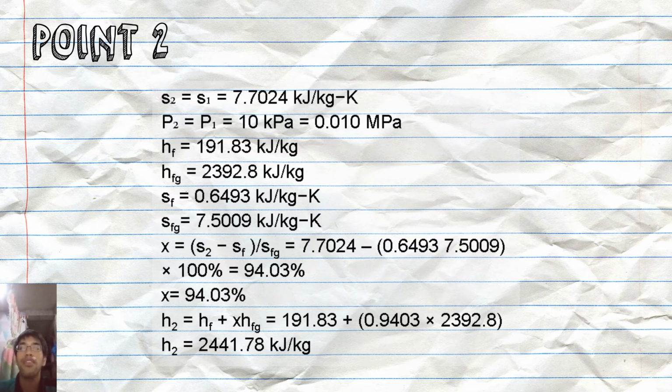Ang magiging steam quality natin is 94.03%. For H2 equals HF plus steam quality times HFG equals 191.83 plus 0.9403 times 2,392.8. Kalabasan natin, makuha natin H2 equals 2,441.78 kJ per kg.